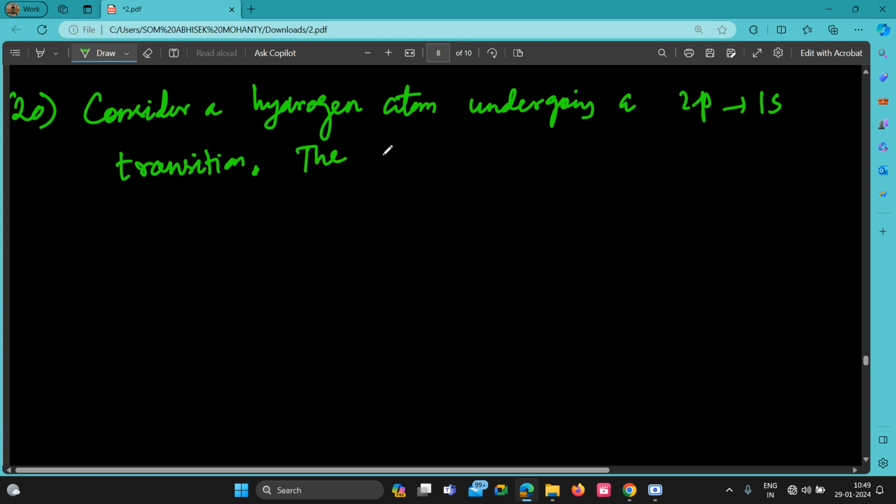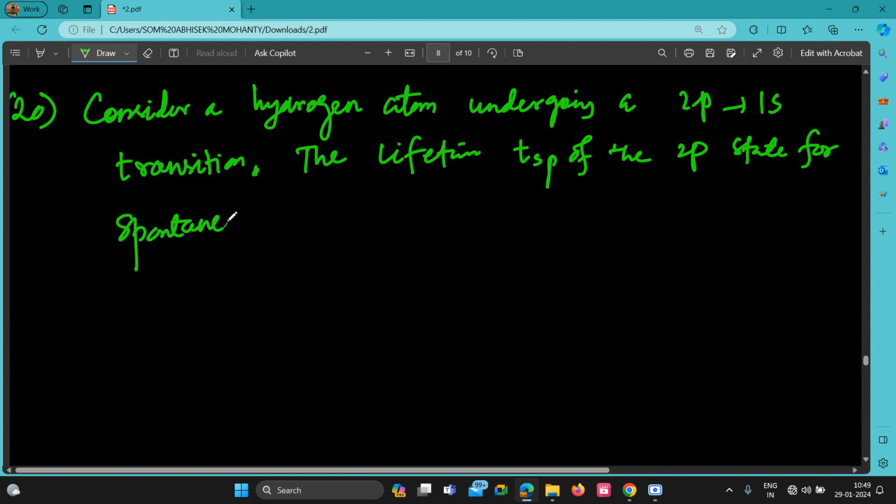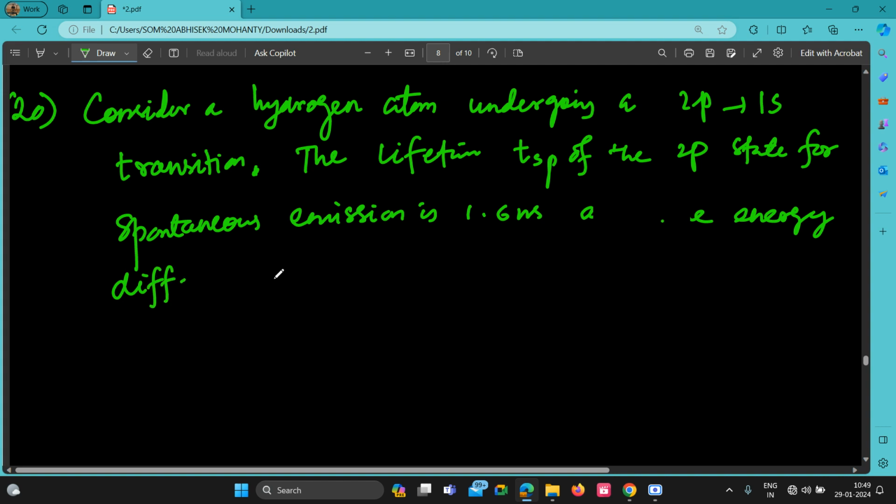The lifetime TSP of the 2p state for spontaneous emission is 1.6 nanoseconds, and the energy difference between the levels is 10.2 electron volt.